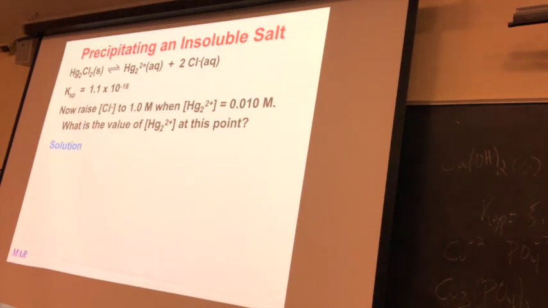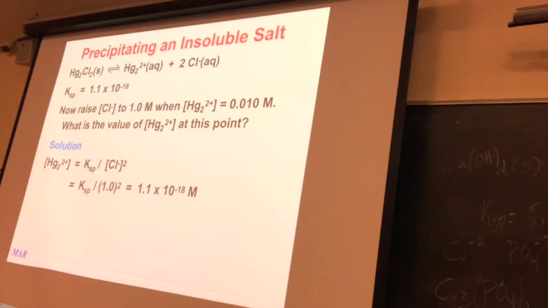So, KSP, in this problem, now we're going to ramp up the chloride. We're going to raise it to 1 mole per liter, which is a much more reasonable lab value. And the mercury was at 0.01. It'd be kind of fun to know what the mercury is now at our new concentration.